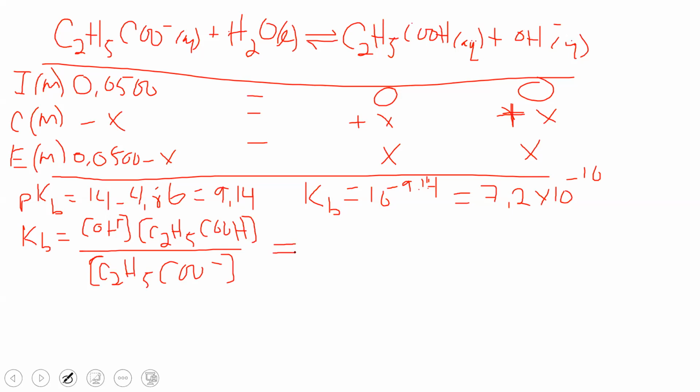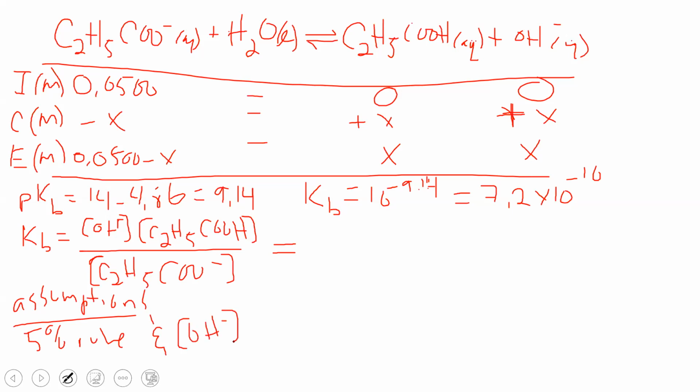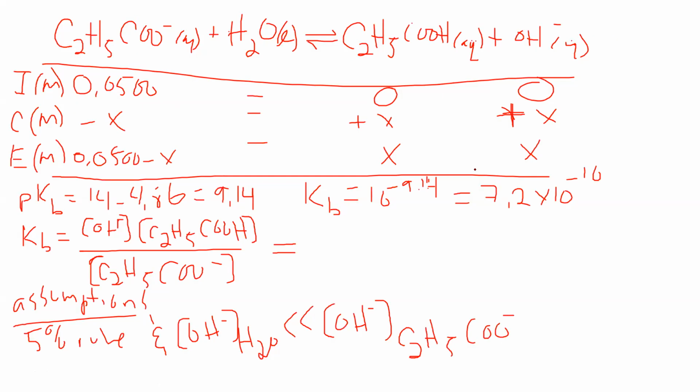And just as a note, we're going to use our assumptions: the 5% rule, and the concentration of hydroxide from water is much less than the concentration of hydroxide from the propanoate. Okay, did I give myself another page? I didn't, so I'm going to go in and give myself another page for this calculation. So 1 second.